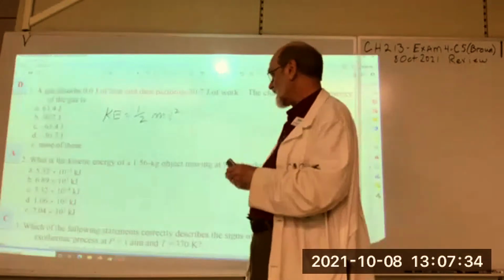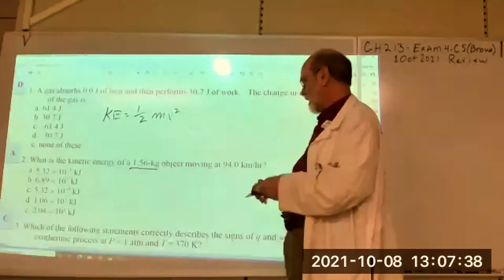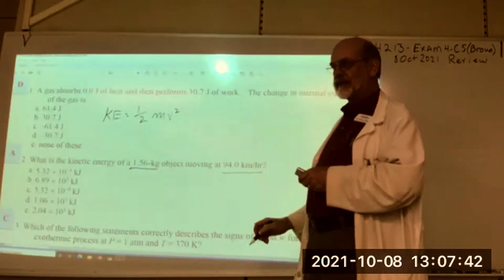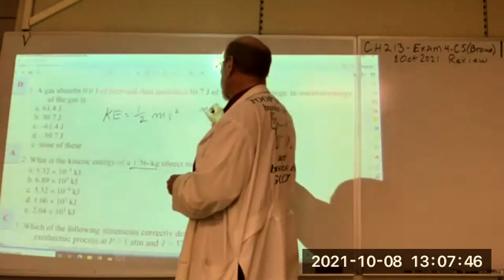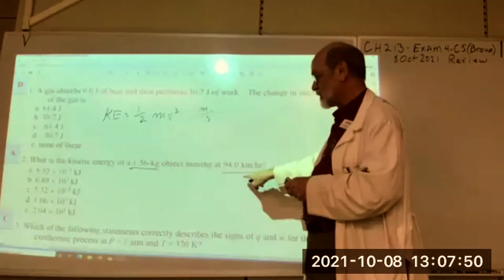So mass has to be in kilograms. That's good, it's already in kilograms. Kilometers per hour is not standard velocity. Velocity should be in meters per second, so this one has to be changed.